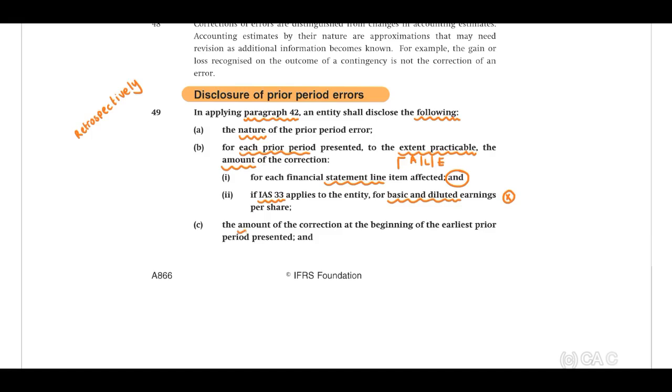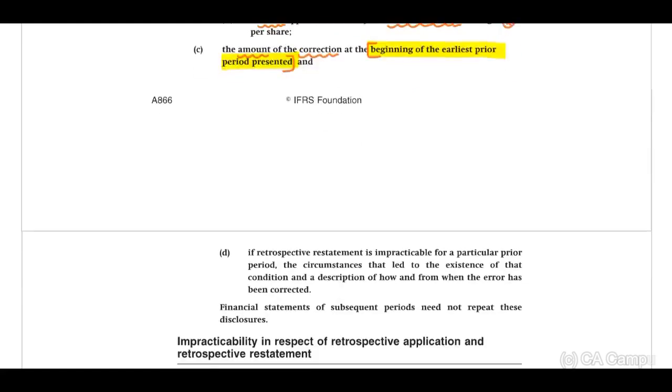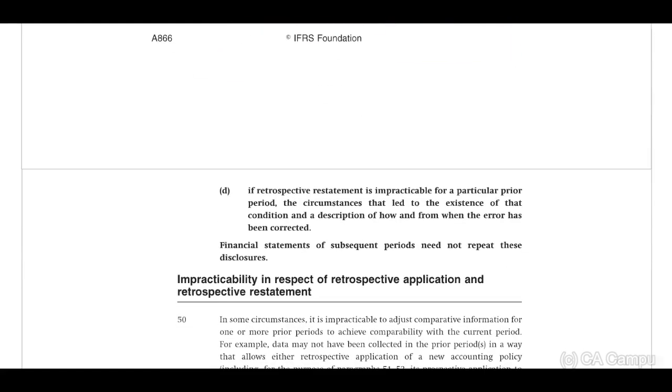C. The amount of the correction at the beginning of the earliest prior period presented. Now, this is an important one, guys. And D, if retrospective restatement is impracticable for a particular prior period, the circumstances that led to the existence of that condition and a description of how and from when the error has been corrected.